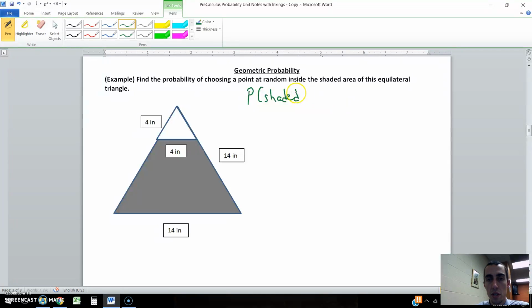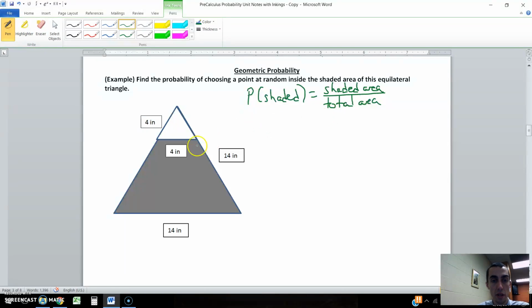So the probability of shaded would be found by finding the shaded area and then dividing it by the total area of this equilateral triangle. So we know it's going to be pretty likely. Without doing it, I don't know whether it's 70% or 80% or 90%, but it's going to be high. It's going to be better than 50-50. We can tell just looking at it.